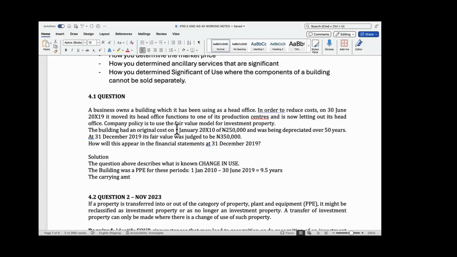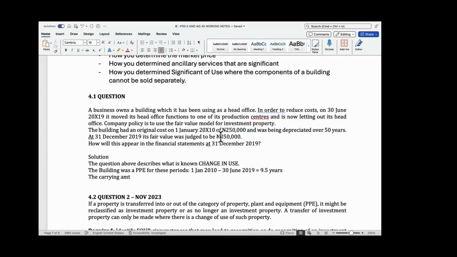The building had an original cost on 4th January 2010 of 250,000 and was being depreciated over 50 years. At 31st December 2019, its fair value was judged to be 350,000. How would this appear in the statement at 31st December 2019?